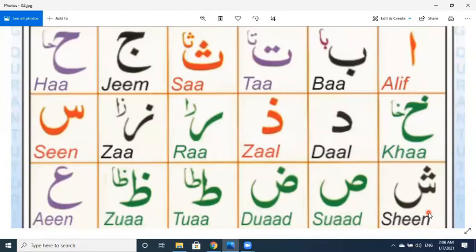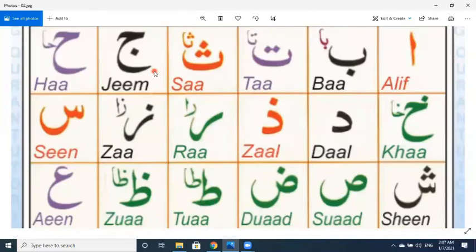Okay, let's discuss the difference between some of these letters. Jim, Ha, and Kha. It is the dots which make the difference between these letters. Look at this letter, the purple one. If it has a dot in its belly, like the black letter, we'll call it Jim.